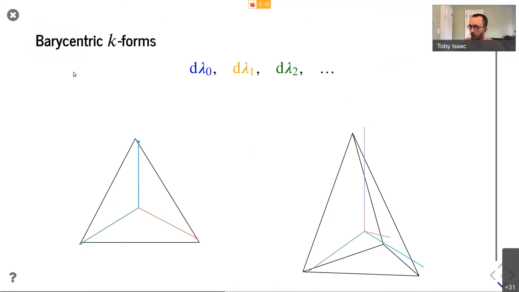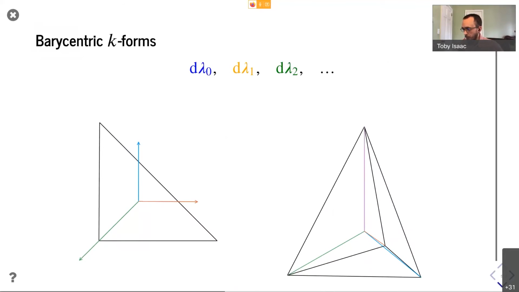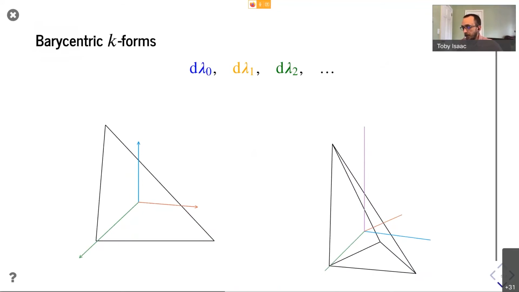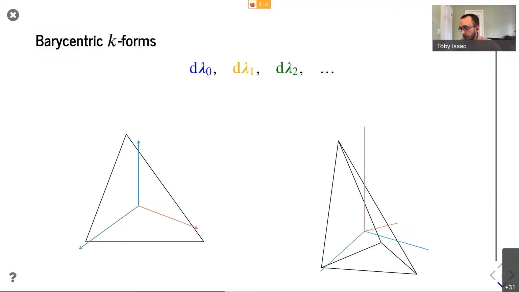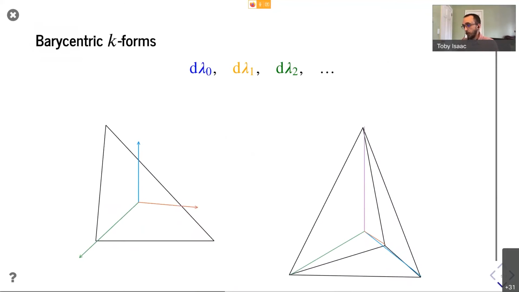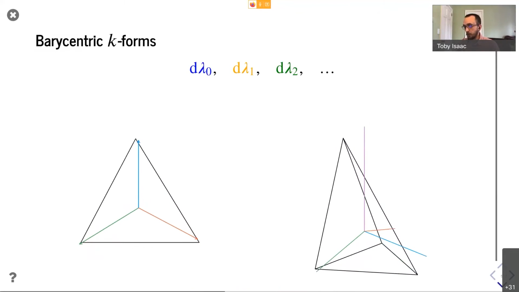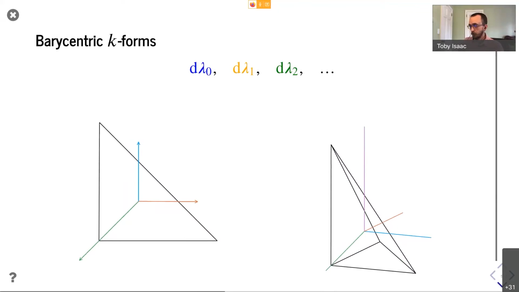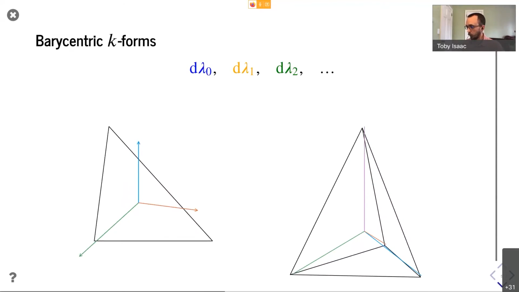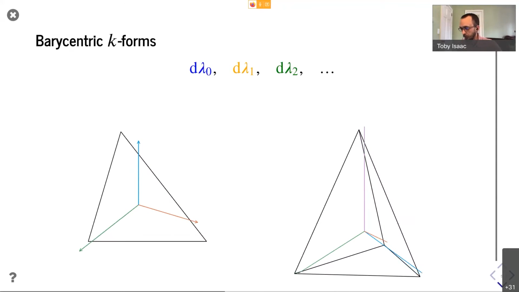But if we take the gradients of those, we get some one forms that are very useful because they transform the correct way as you do different types of transforms of the triangle, like from the reference triangle into the physical triangle, or the reference tetrahedron into the physical tetrahedron.